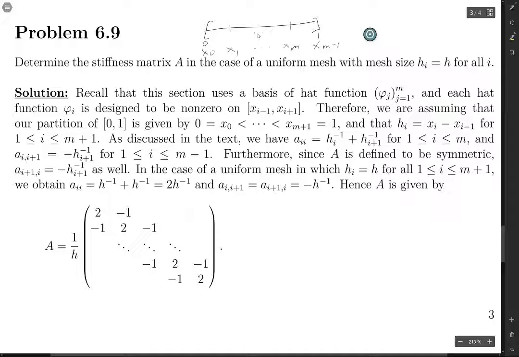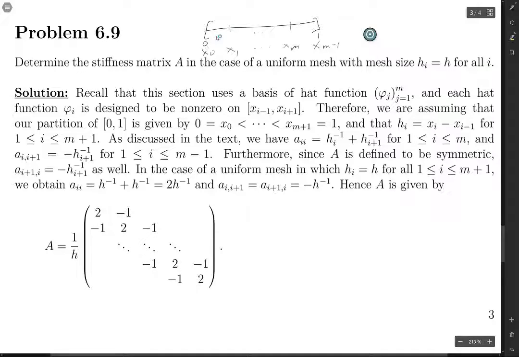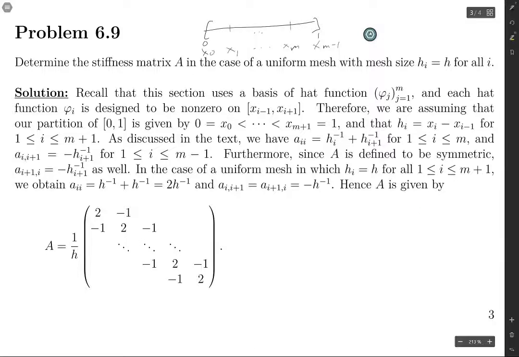The number of intervals is one less than the total number of points, so you take the total points and subtract 1 to get the total number of gaps. So h in this scenario would be equal to 1 over the quantity m plus 1. But actually writing it in terms of m is not important.